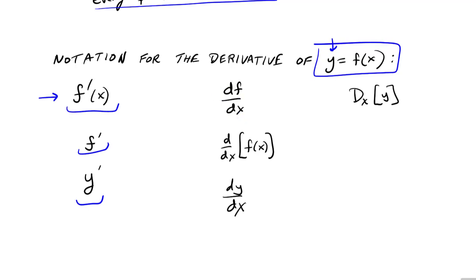So if we had a function f, we can talk about the derivative as df dx or d dx of f of x. This makes it clear that what we're doing is this operation called the derivative on the function f of x, which is sometimes shortened to just df dx. Or again, if we want to use y instead, we might just say dy dx.